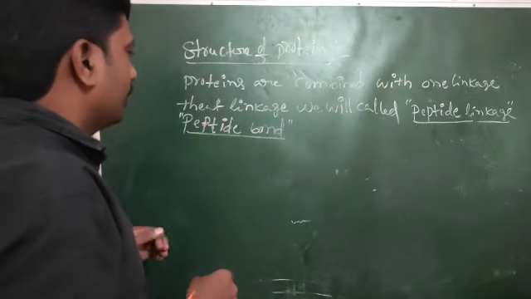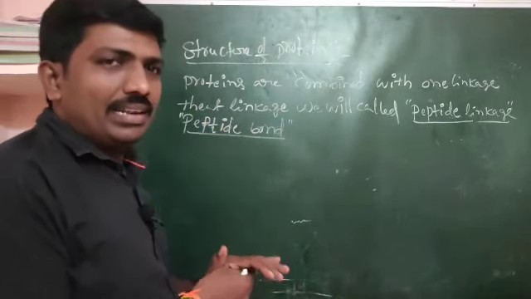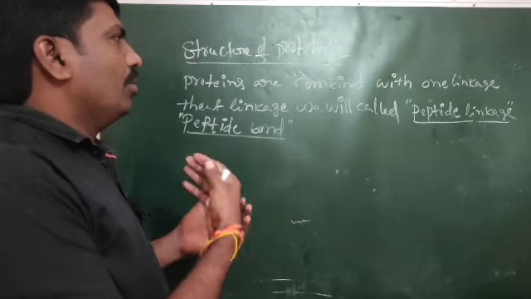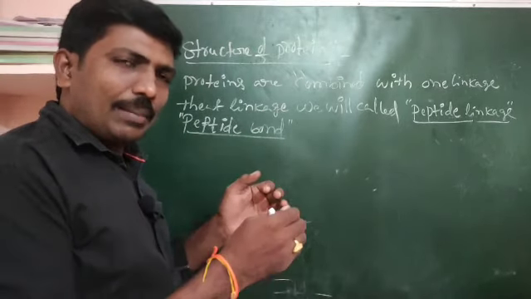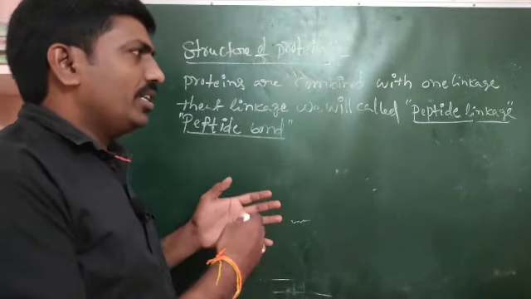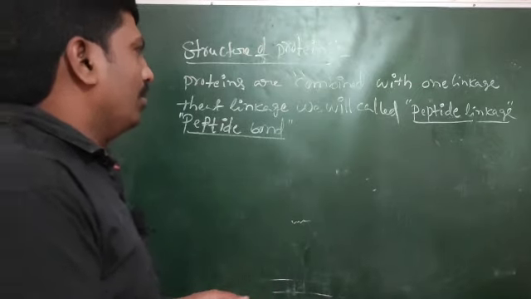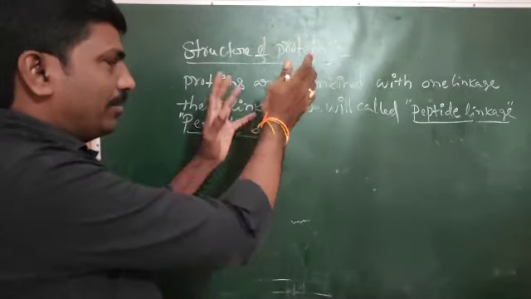So, peptide bond or peptide linkage. Two monomer amino acids combine to form a polypeptide, a big protein.